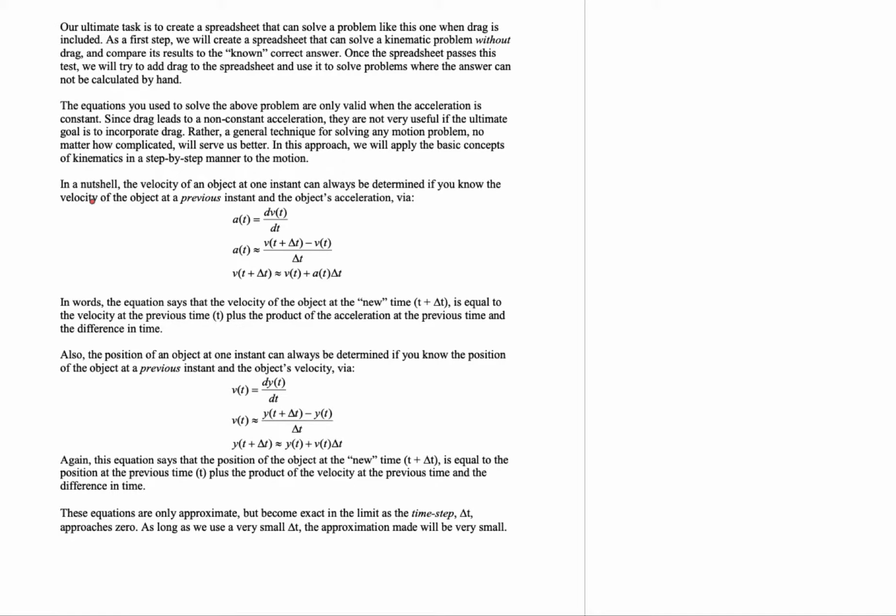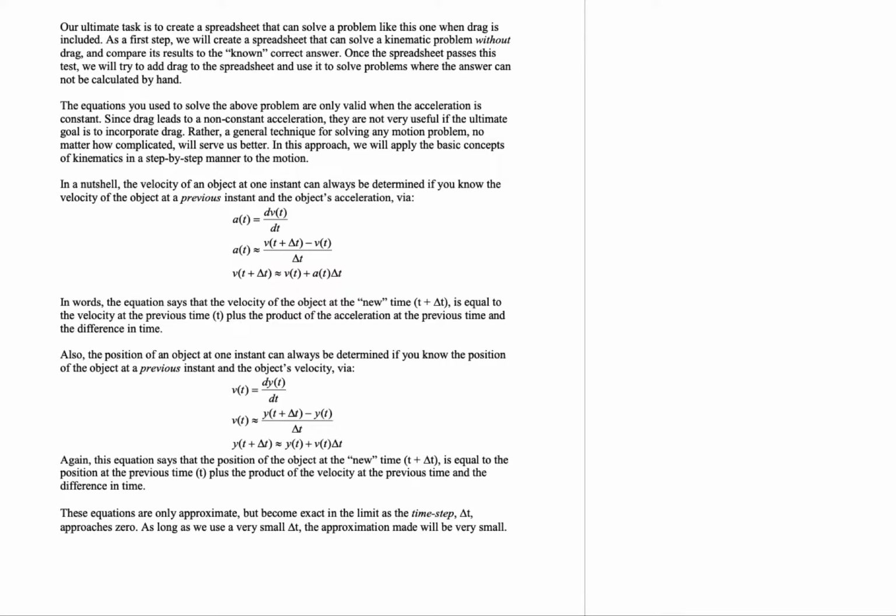So in this approach, we will apply the basic concepts of motion in a step-by-step incremental manner. It says, in a nutshell, the velocity of an object at one instant can always be determined if you know the velocity of the object at a previous instant and the acceleration, which represents the change in the velocity. So here they're showing a calc difference quotient.